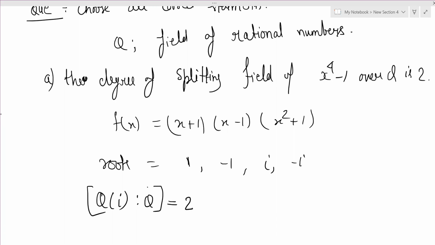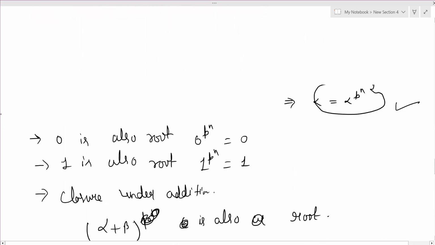So how will you say that Q(iota) is the splitting field? You know the definition of splitting field, right? The smallest extension containing all roots. Yeah, here is the definition.